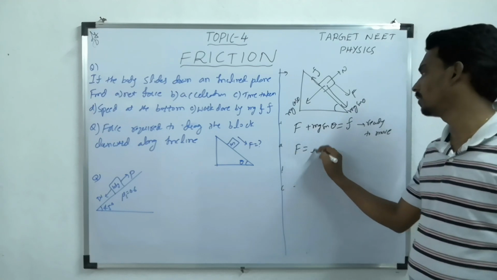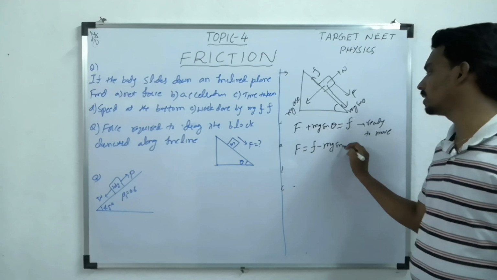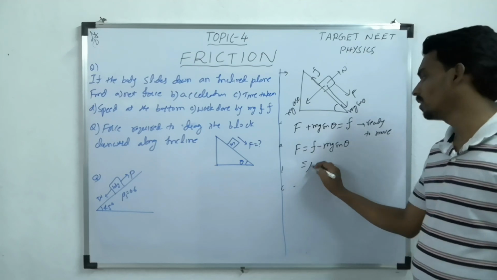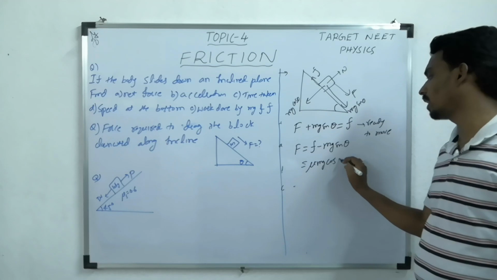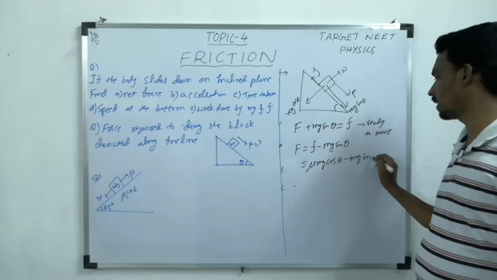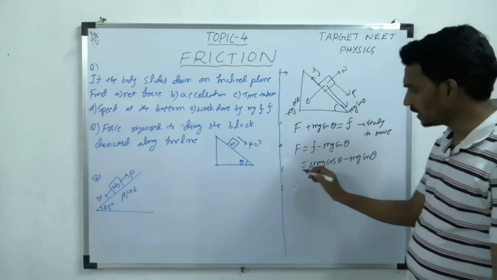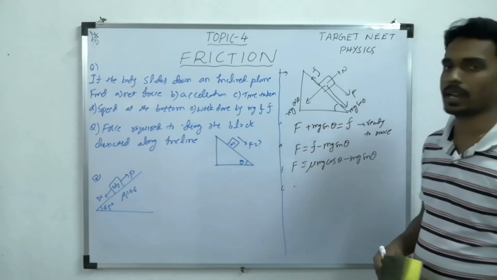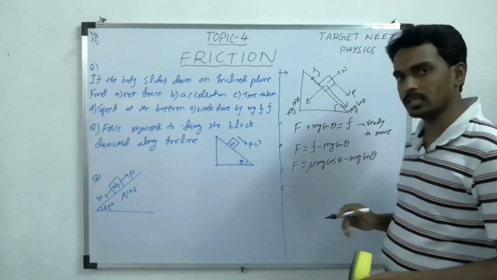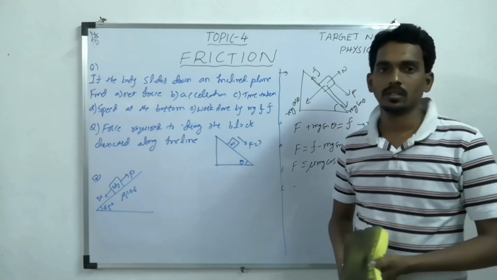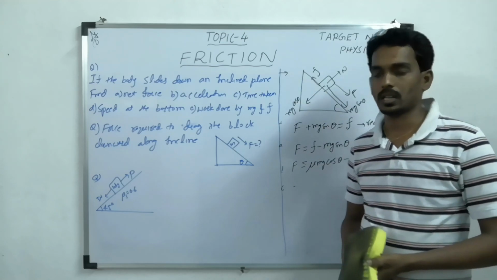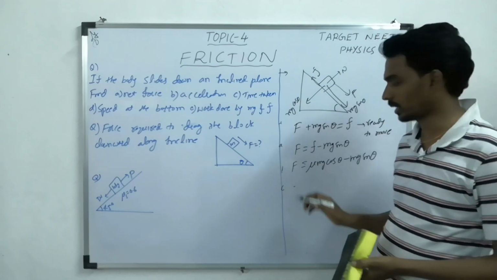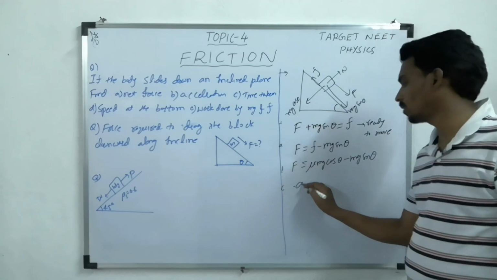So that F will become what? F minus mg sin theta. What is F? mu mg cos theta minus mg sin theta. If you apply this much force or greater than this, then the block slides down. If you apply exactly this much, it slides down with constant velocity. If you apply a force greater than this, then there is an acceleration.